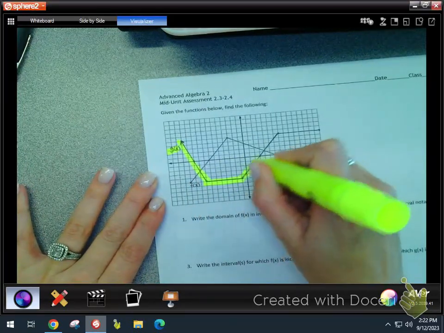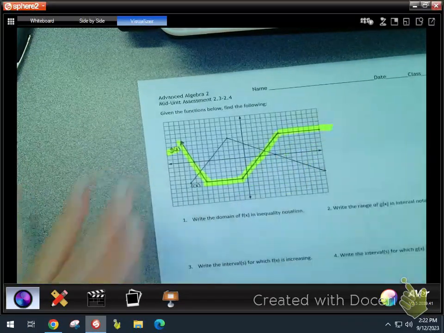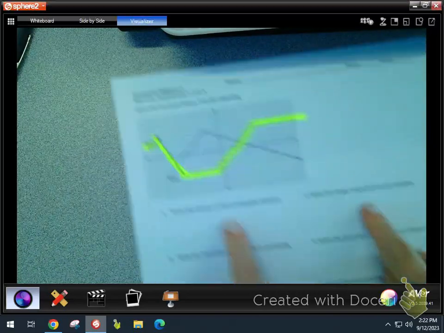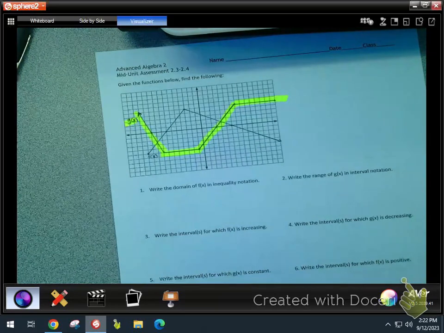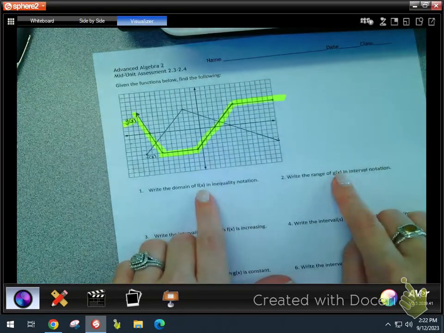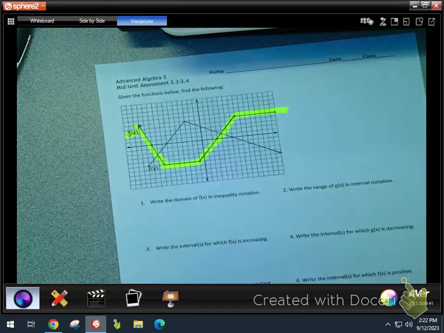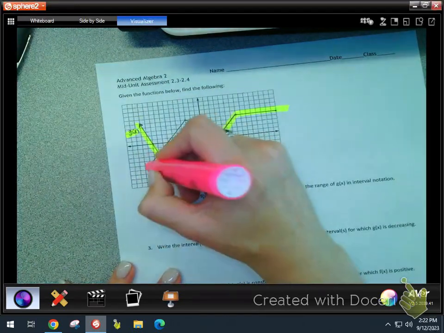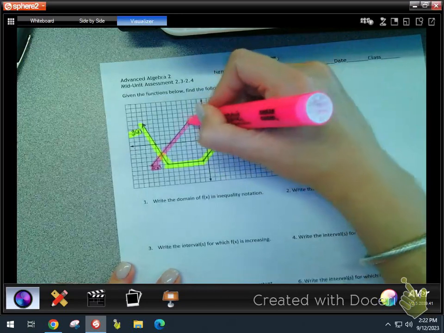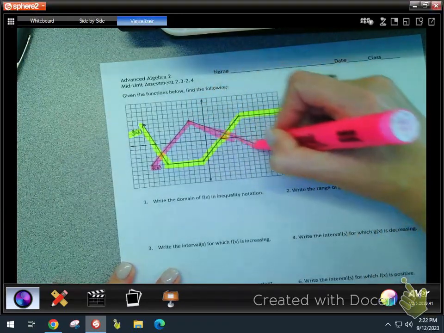If you got 2 highlighters, highlight them in separate colors. Because I'm bouncing back and forth on what I'm asking you to find and which function I'm talking about. So you really got to pay attention to which one is f of x and which one is g of x. I would be prepared to do this again, okay? Pay attention to the notation.